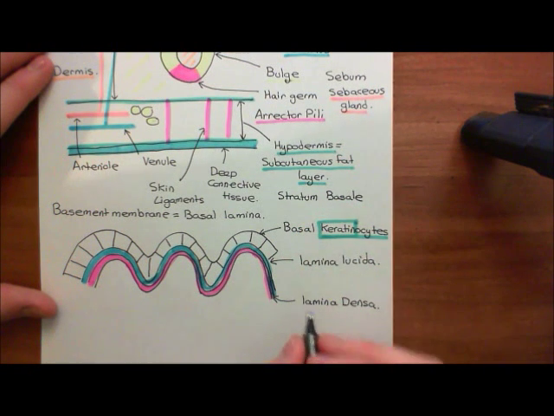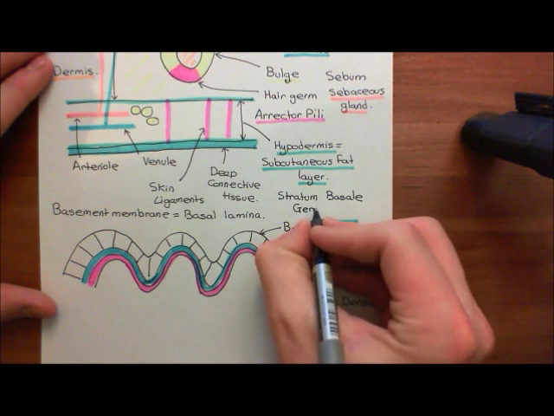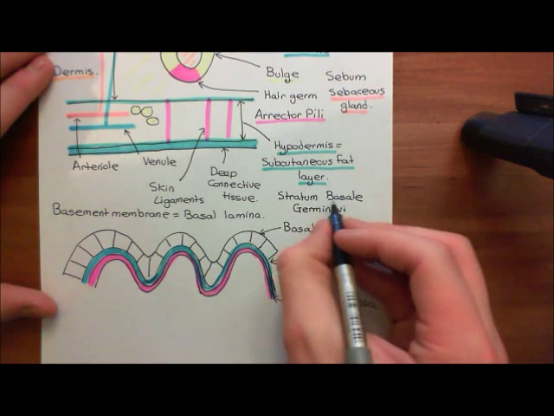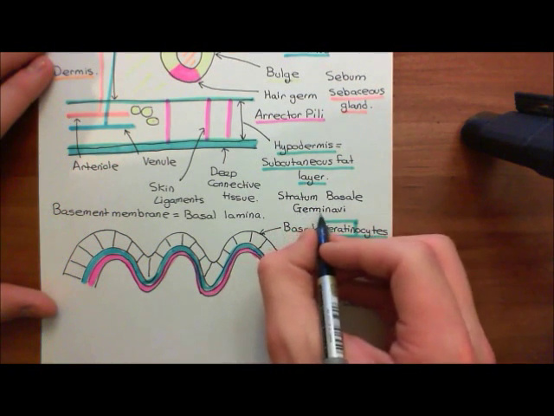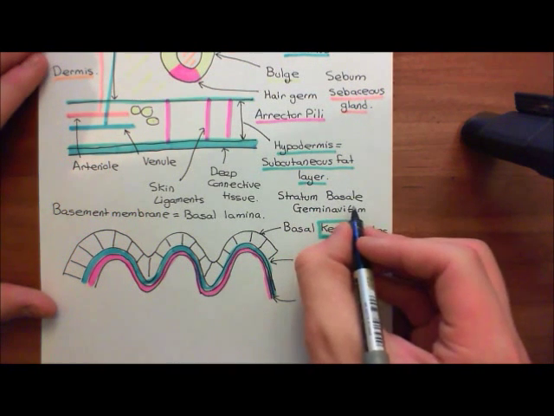It's got another name as well. It's also known as stratum germinativum. It's probably slightly more rare to hear it called stratum germinativum than stratum basale.